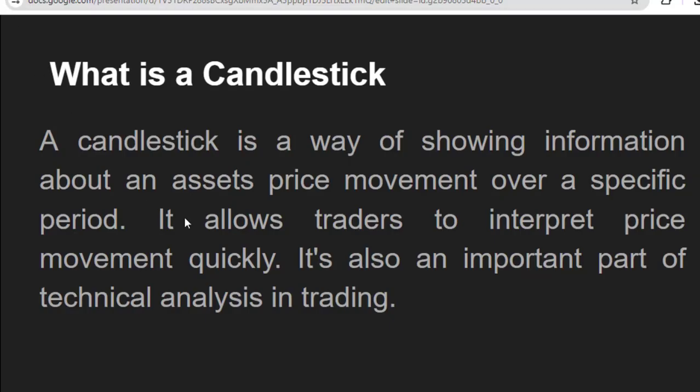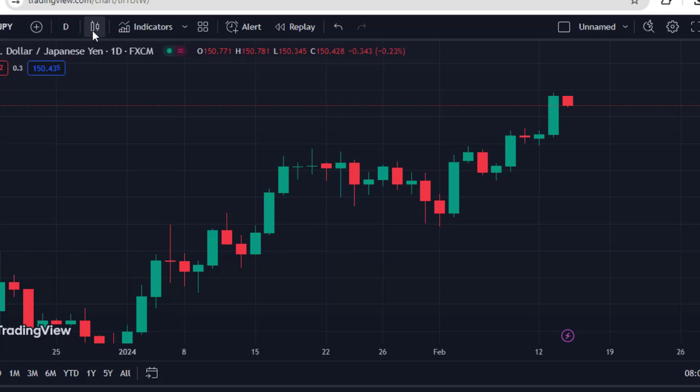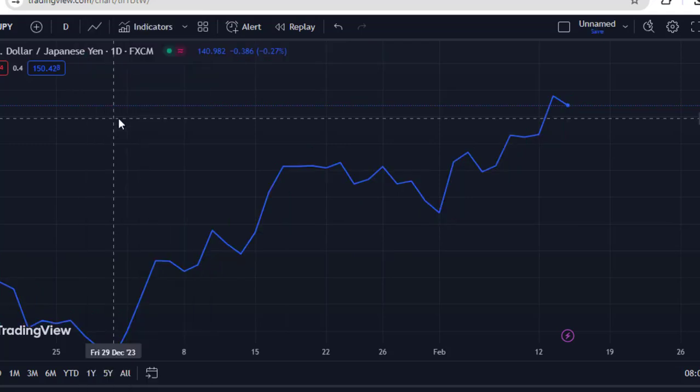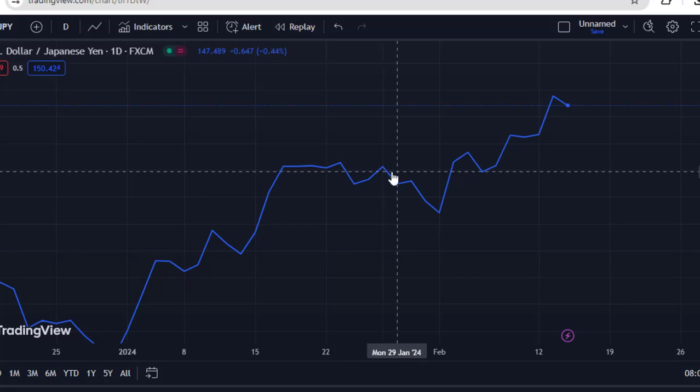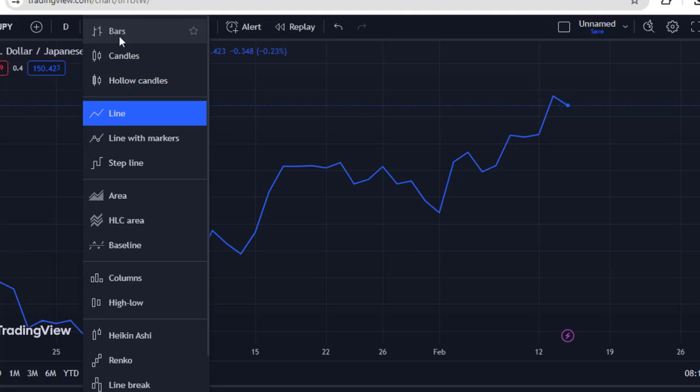So it allows traders to interpret price movement quickly. Let's say, for example, you have the line chart on your chart right here, and this does not really give you enough information about what price did in the past, even though you use the bar chart as well.